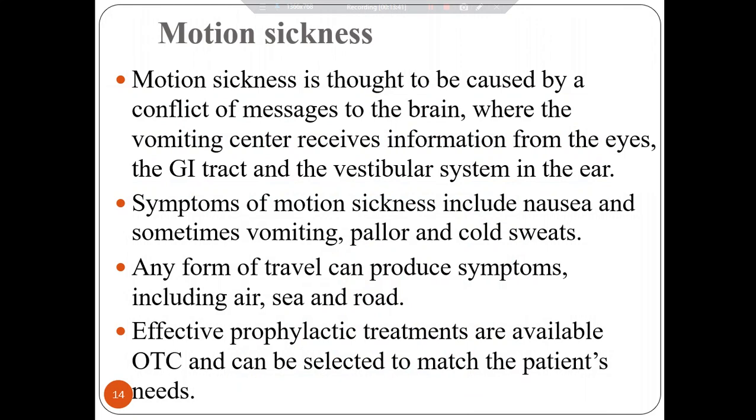Motion sickness is thought to be caused by a conflict of messages to the brain, where the vomiting center receives information from the eyes, the GIT and the vestibular system in the ear. It is related to travel, and it is more common during travel by sea.